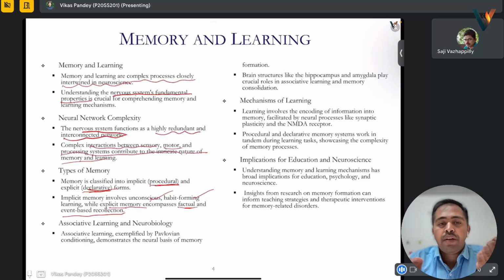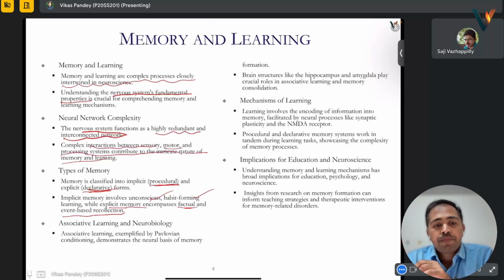Like how to eat food, how to drink, how to run, how to walk. These are part of implicit memory. Whereas if you know someone, you remember some event, or you know someone's name, that is part of explicit memory.